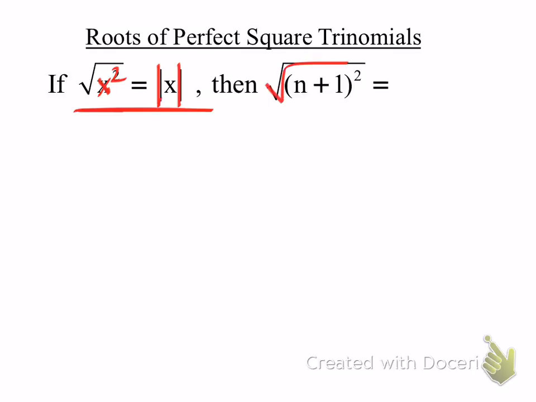Well, I've got the square root and squared. So what do you think the answer is? The absolute value of n plus 1. Are you with me? Because it's an odd result.